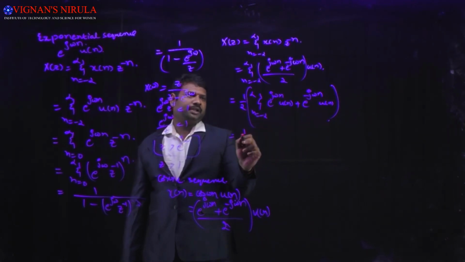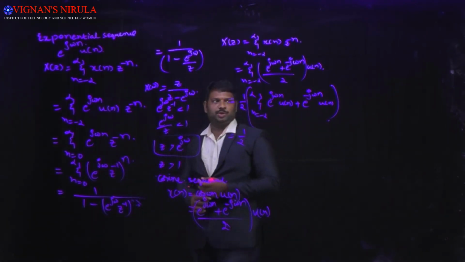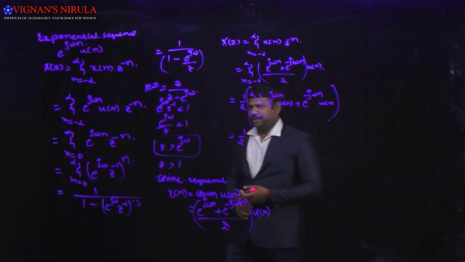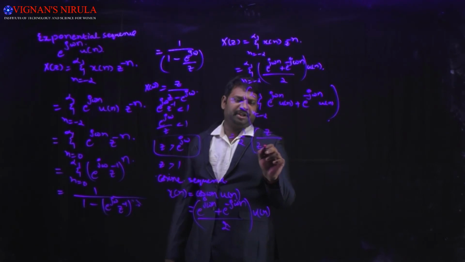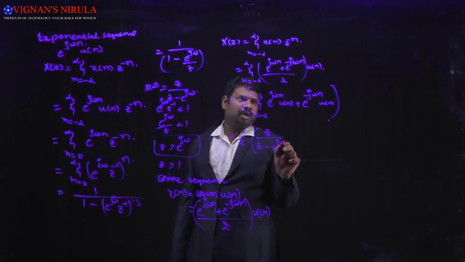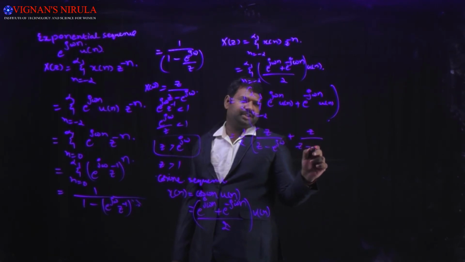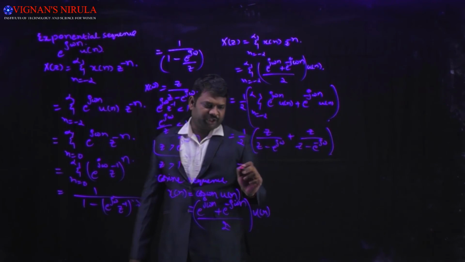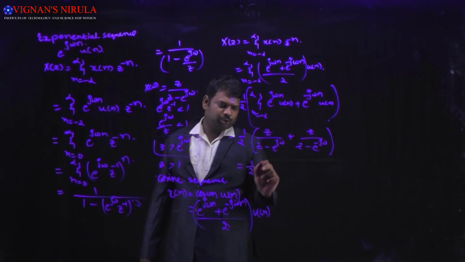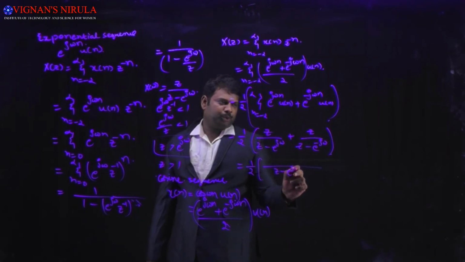For this particular one, it is the Z transform of our exponential sequence only. That's why it will be written as Z by Z minus e power j omega. The second summation will be the transform Z by Z minus e power minus j omega. Therefore, take the LCM here, 1 by 2, with denominators Z minus e power j omega and Z minus e power minus j omega.